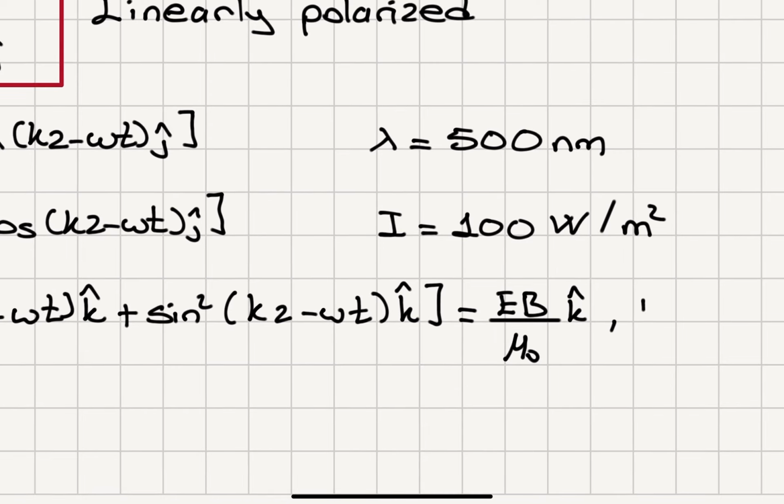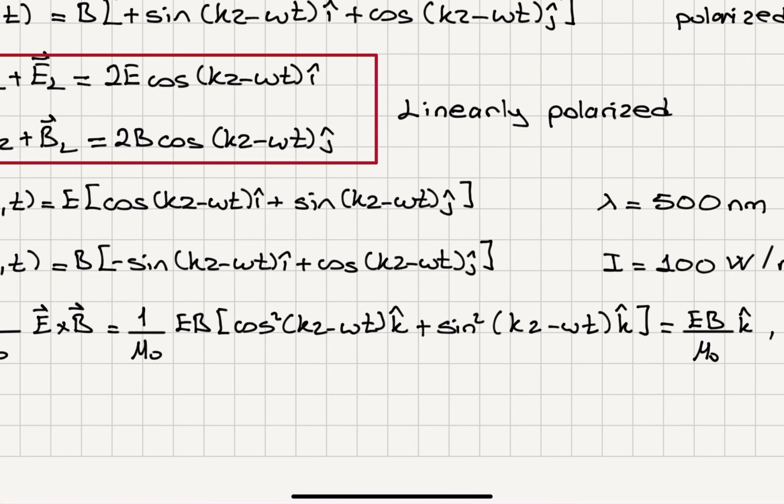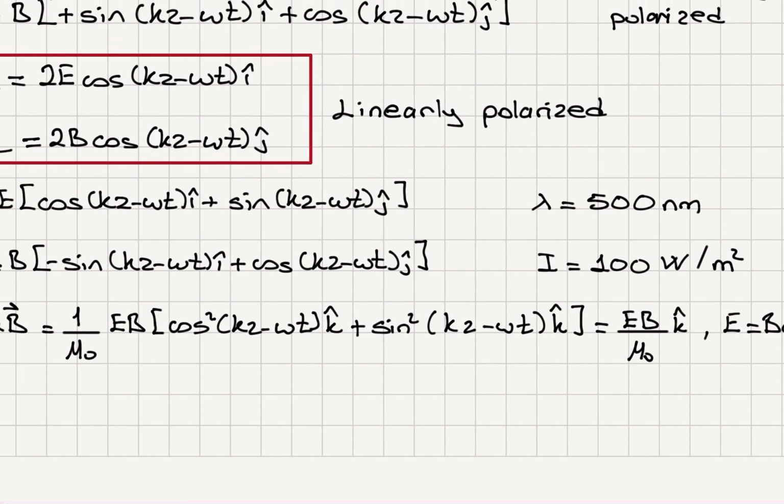And we know that E is equal to B times C from part C of the problem. So if we write E equal to BC, we get B squared C over mu 0, our Poynting vector magnitude, which is equal to the intensity.